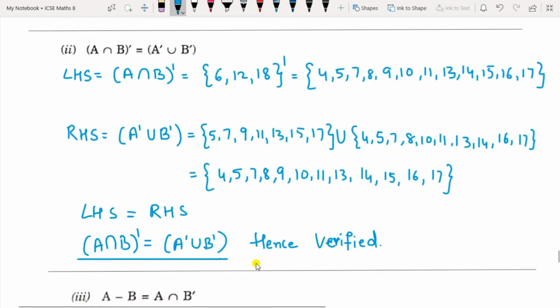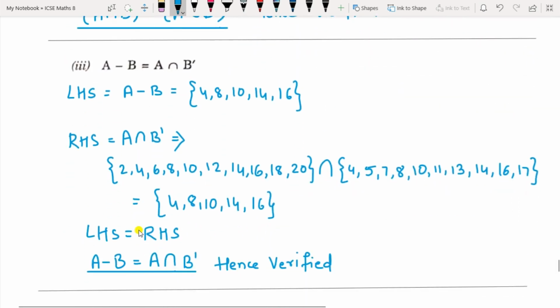Similarly, this one also you can do. This is A intersection B complement. The answer is 4, 5, 7 up to 17, and the single complement answer is similar to LHS and RHS, hence verified. Now here A minus B. So this is A minus B equal to A intersection B complement you have to prove.